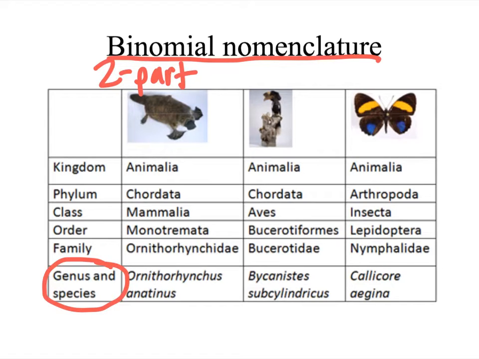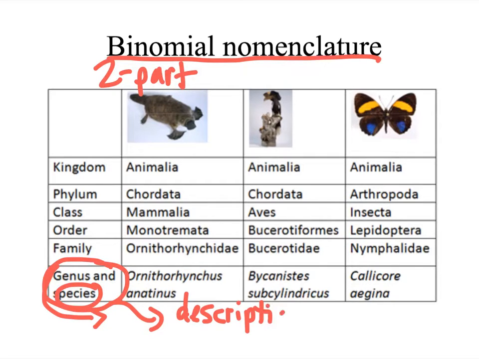So by definition, a genus is just a group of organisms with similar characteristics. Whereas the species is a description of the genus. And so that can get a little interesting when you are trying to figure out which two organisms are most closely related.